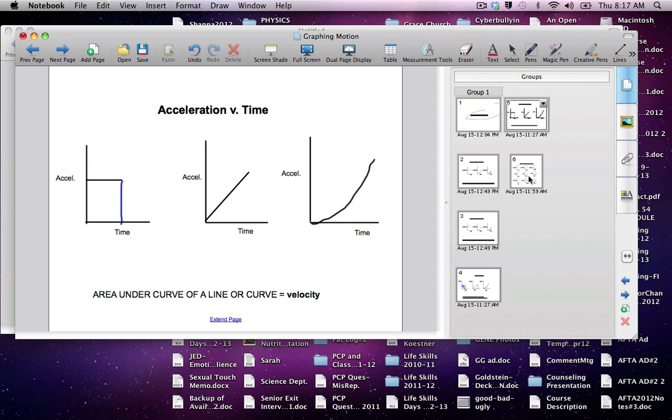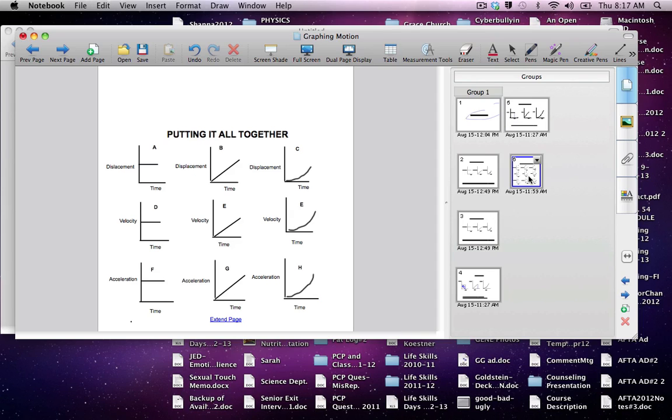So if we were to sum this all up, and we look at all 3 situations here, tell me if you can see a pattern in the 3 lines, A, B, C, D, E, F, G, H. Anything you can see that's similar on each 3 lines?